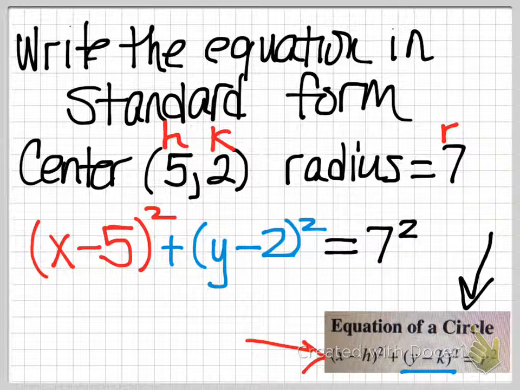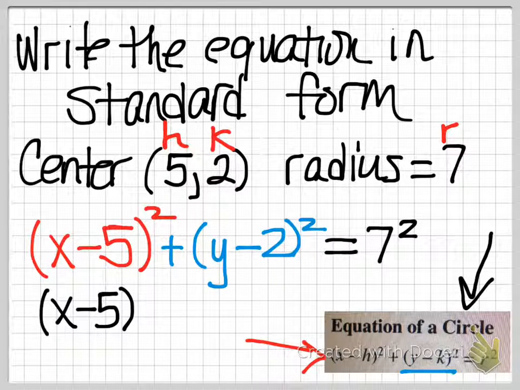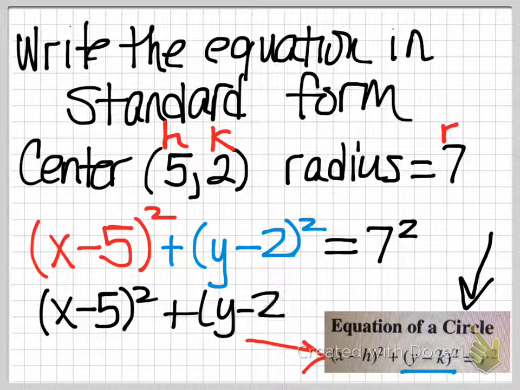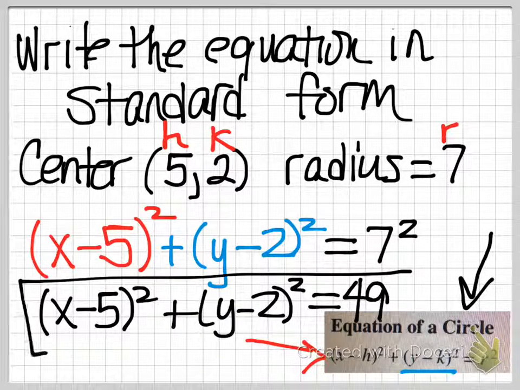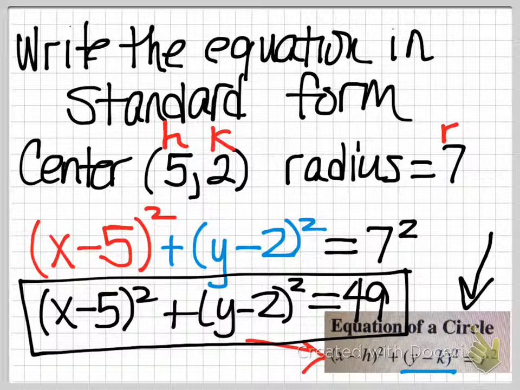So I can simplify my equation, and I would say (x - 5) squared plus (y - 2) squared equals 7 squared, which is the same thing as 7 times 7, so that would equal 49. So the standard equation of my circle with the center at (5, 2) and a radius of 7 would be (x - 5) squared plus (y - 2) squared equals 49.